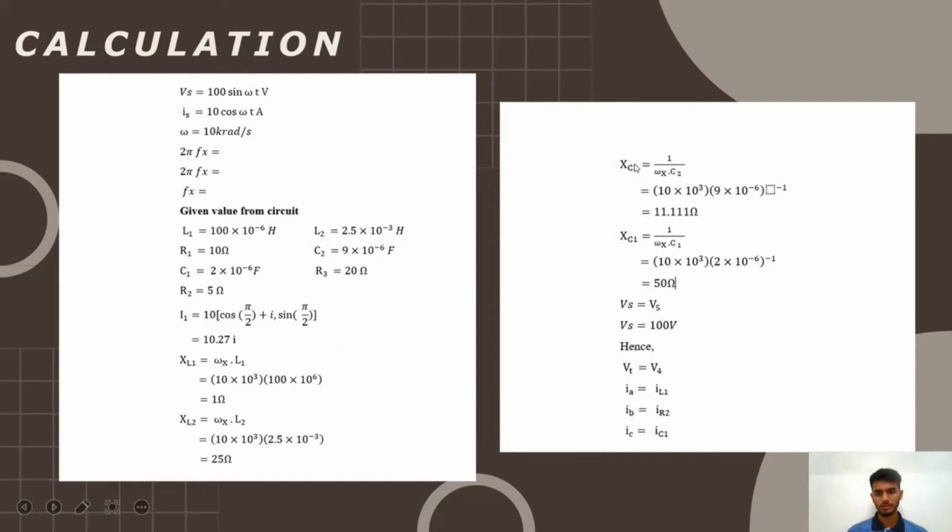Similarly, we can find the impedance of capacitor 1 and 2. So the voltage Vt is equal to V4, Ia is equal to IL1, Ib equals IR2, and Ic equals Ic1.